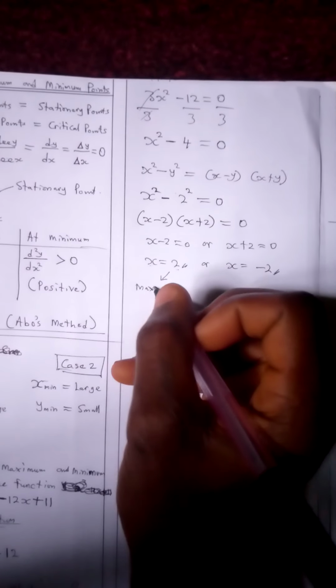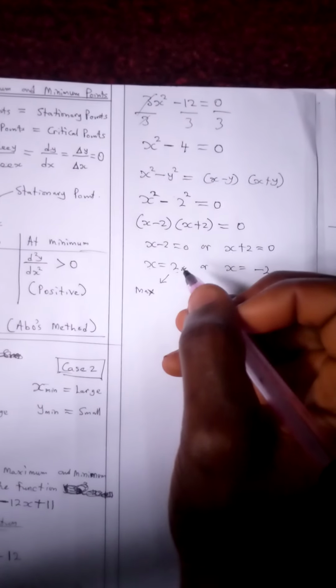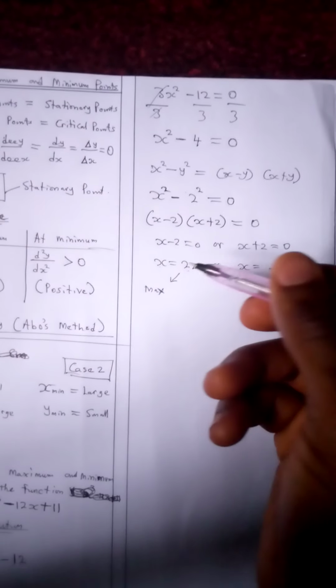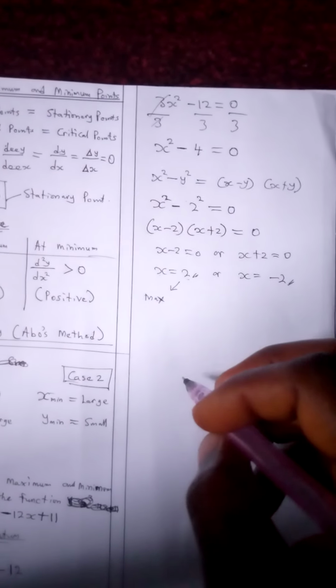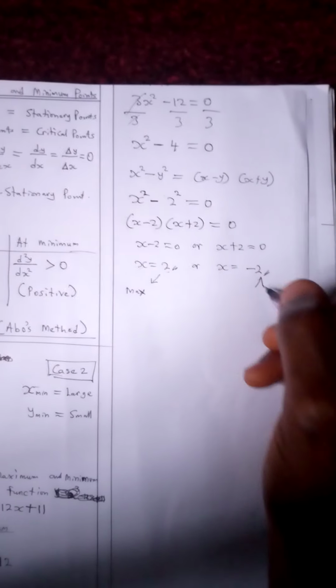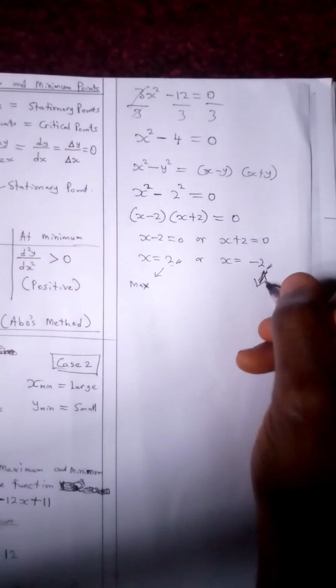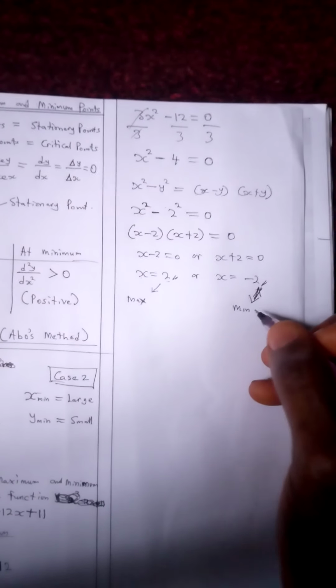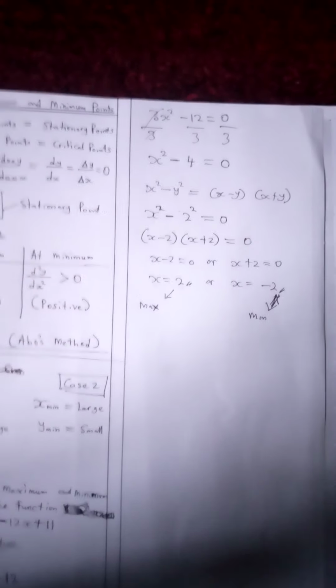This maximum of x is the one we are going to use to get the minimum of y. And the minimum of x is the one we are going to use to get the maximum of y. So let's take note of that.